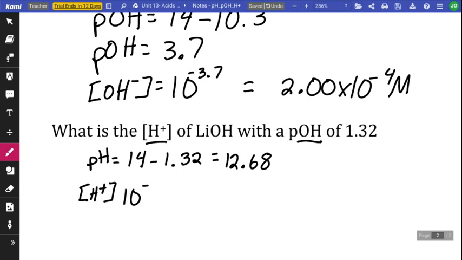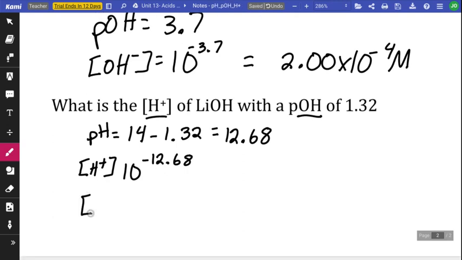Okay, so here, 10 to the power of negative 12.68. Okay, and what I would find is that my hydrogen concentration is going to equal 2.09 times 10 to the negative 13 molarity.